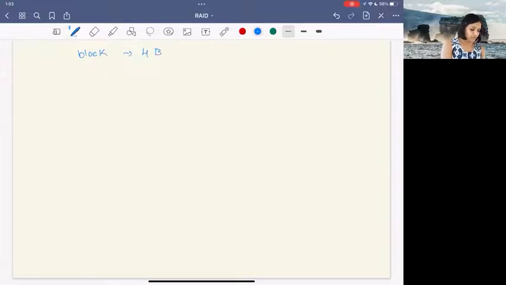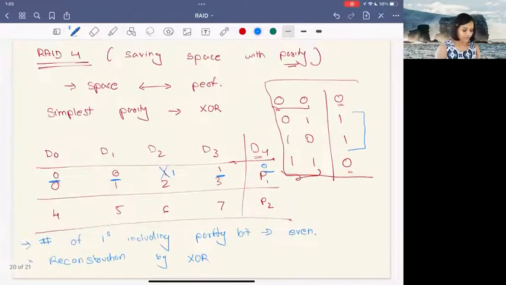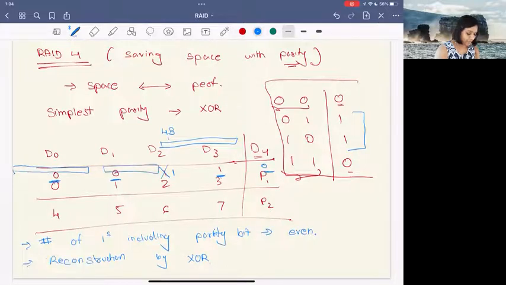So how do we deal with constructing RAID 4, where we cannot store just bit by bit, but have to store the data at the granularity of 4 bytes? Well, again, we could divide this 4 bytes into bits. Yes, there will be many, many bits, but we can have that string of bits for each disk, right?